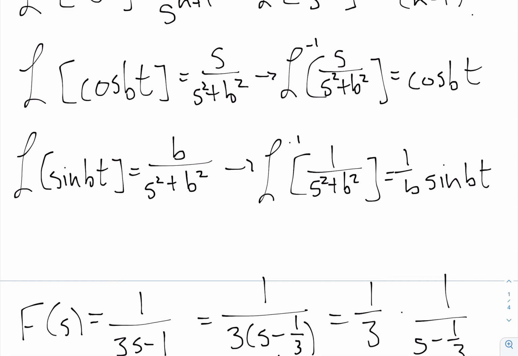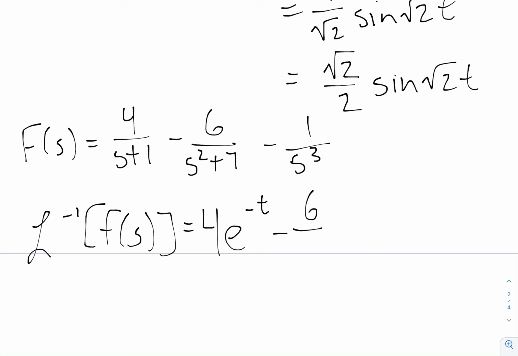So it's 6 times 1 over root 7, which is just 6 over root 7 sine root 7t. Right? Plus, sorry, this is going to be actually minus. I had it as, right? Yeah, we can go plus or minus.